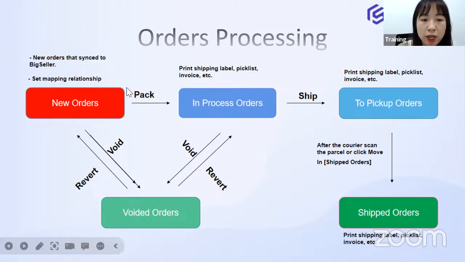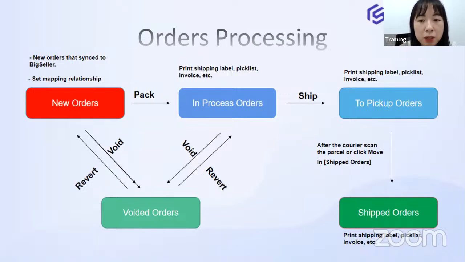After the order has been packed, it will be moved to in-process orders, the second step. Here you can do the printing, like shipping label, pick list, and invoice, and after that, you need to pack the package. The next step is to ship the order. After the order has been shipped, it will be moved to the third step, to pick up orders.